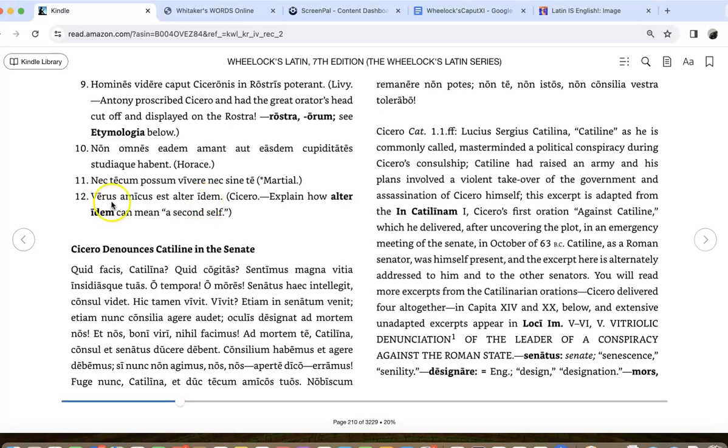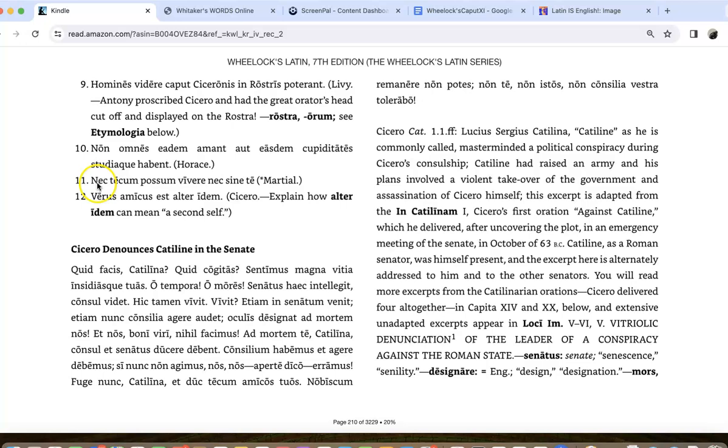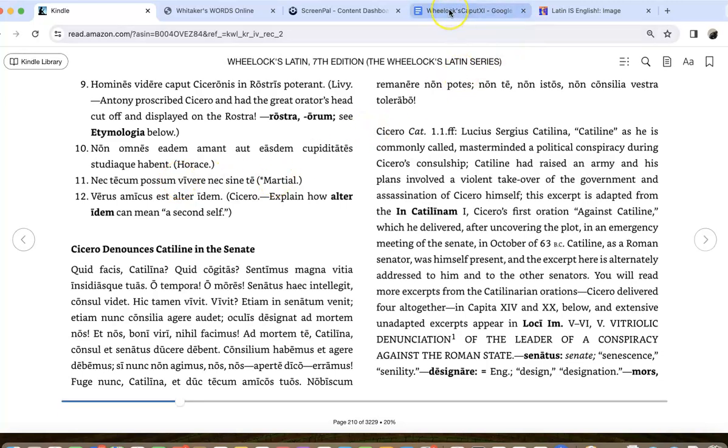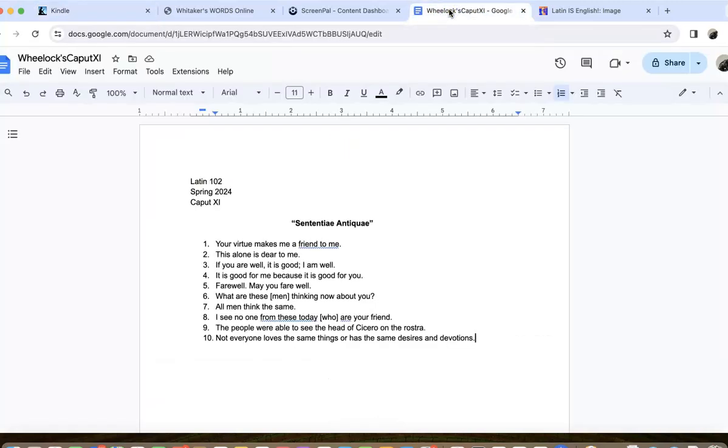All right, the last one here, actually the last two. Literally, nor with you I am able to live, nor without you, by Martial. So we can start with the subject: I am able to live neither with you nor without you. Again, you can change the word order.